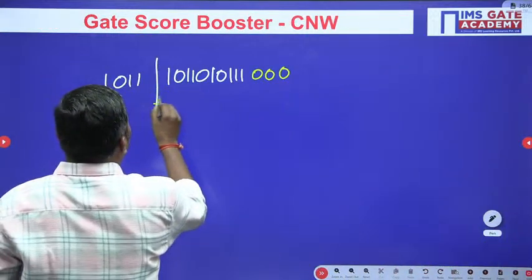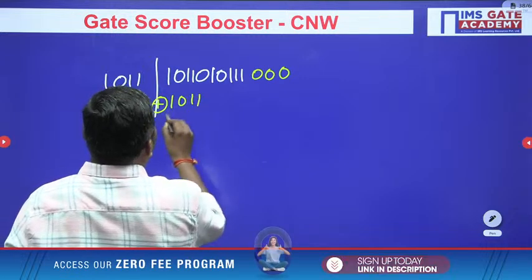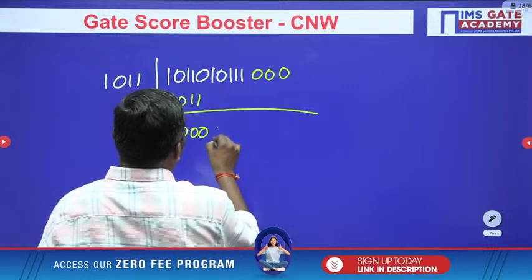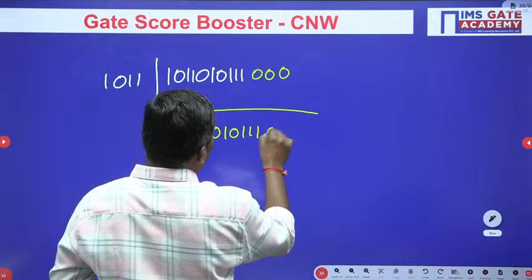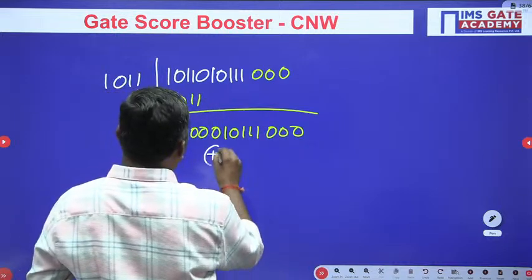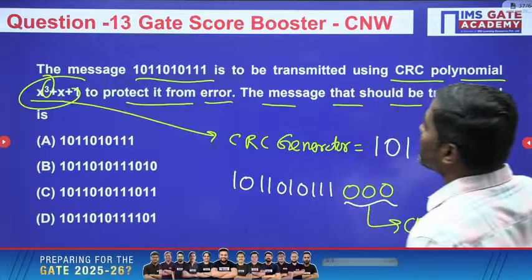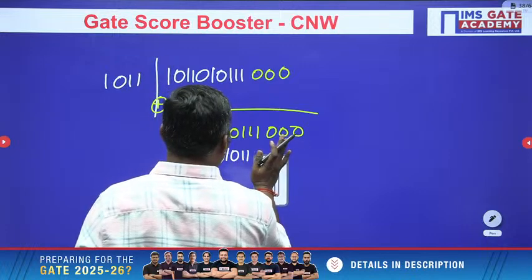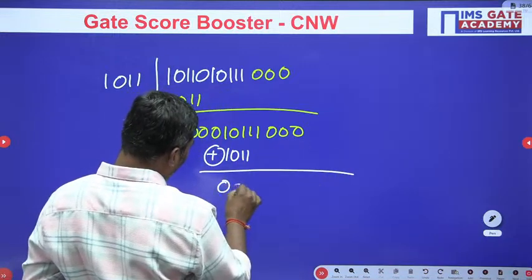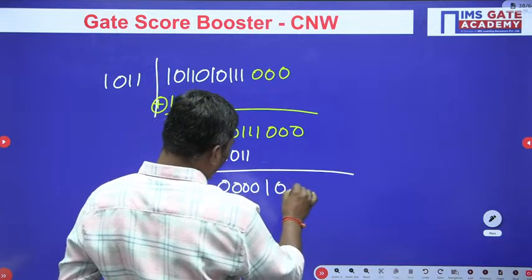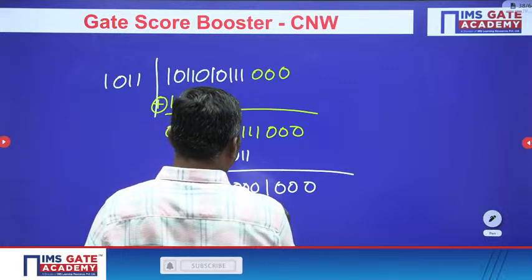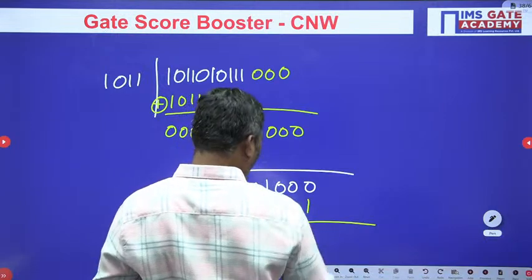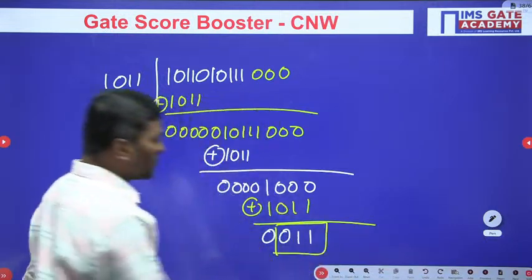So 1011, this value is 0000, leftover I am writing 010111000. Plus XOR operation. Let's check 1011, correct. So this value is also 00001000. Now again XOR operation with 1011. This value is 0011. Yes, your CRC is what? 011 only?